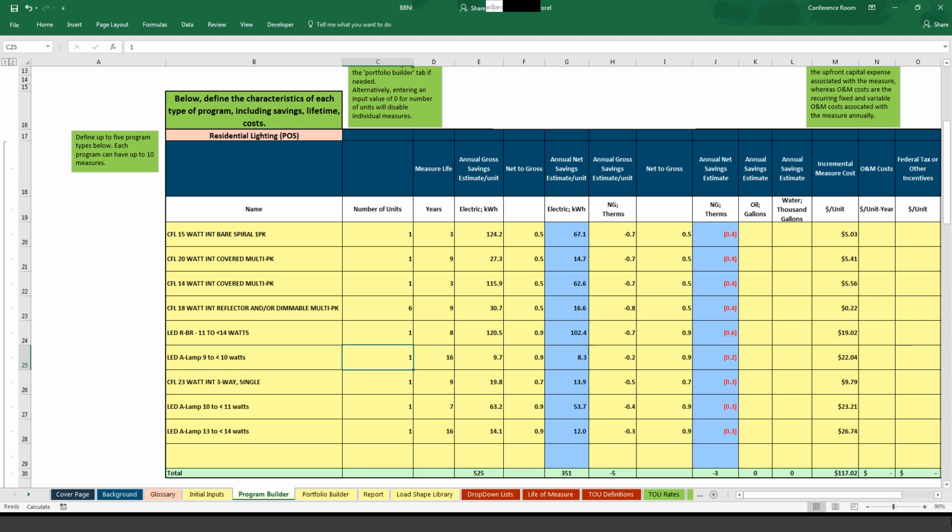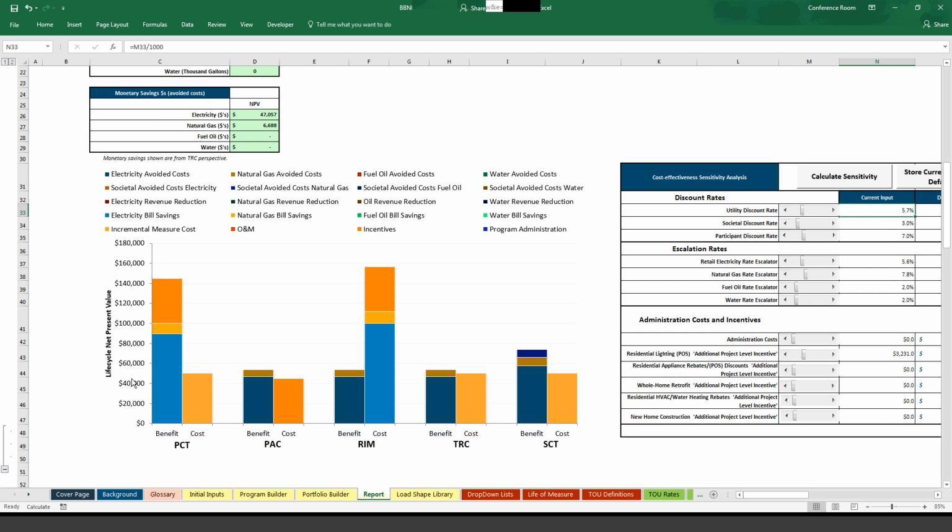And I will say, in working with utilities, the DEER database is well researched. There's a lot of research and investigation behind it. Still, an awful lot of utilities will look at that and say the costs don't really reflect what I think is accurate for my customers. The costs are one of the areas I'd call the weaker areas of the DEER database.